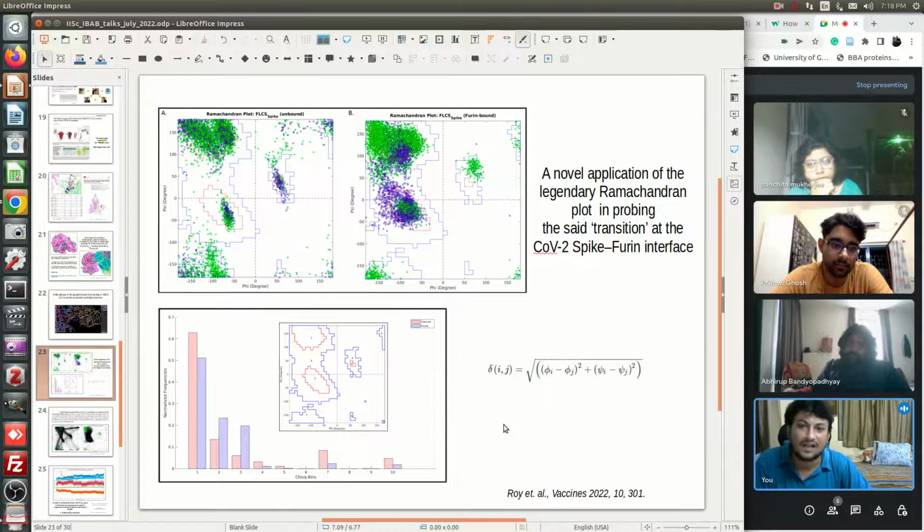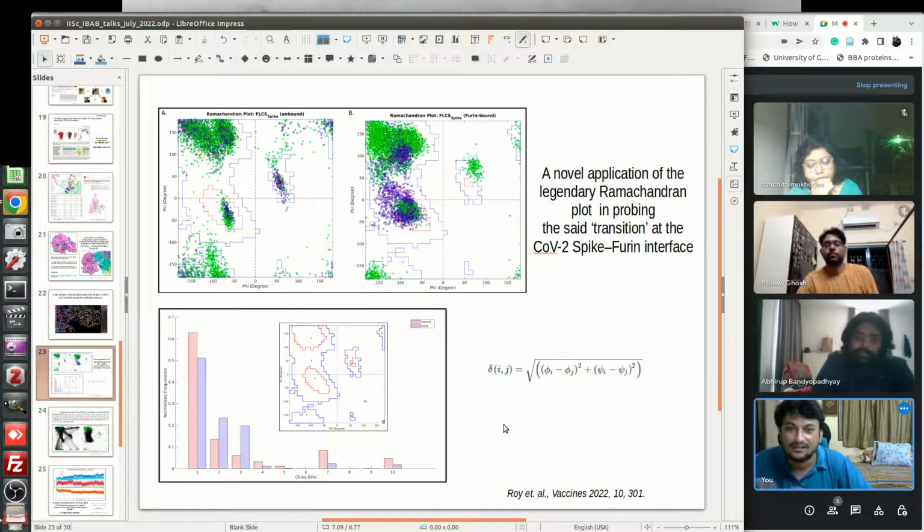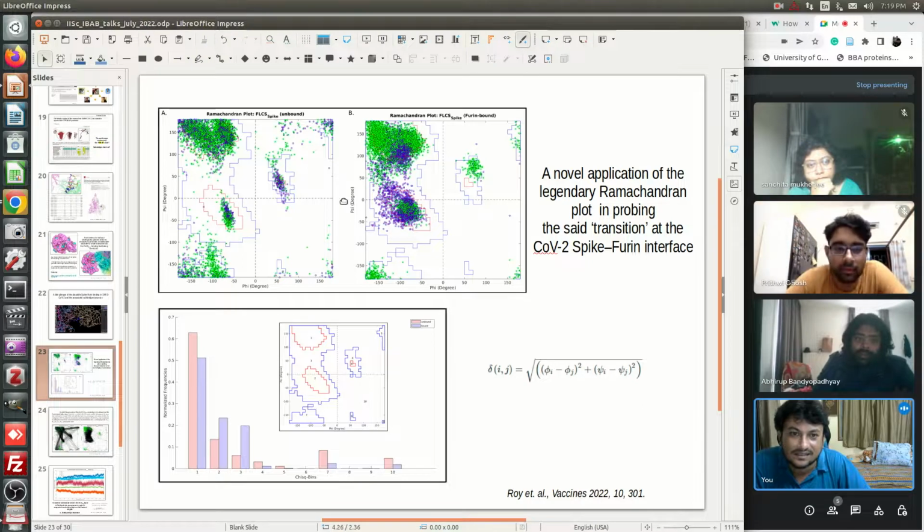So we used the Ramachandran plot, an adapted formalism of the Ramachandran plot. I am coming to that in the next slide. So here, first of all, it is quite clear that this is going through a disorder to order transition. However, as you can see, here also for the disordered or unbound state.